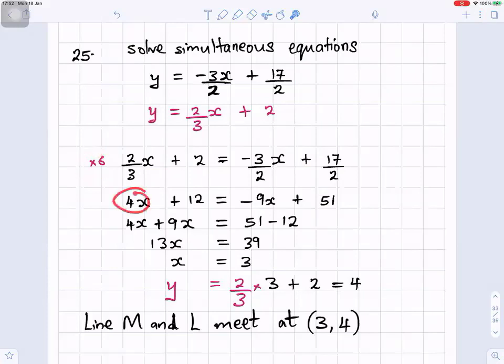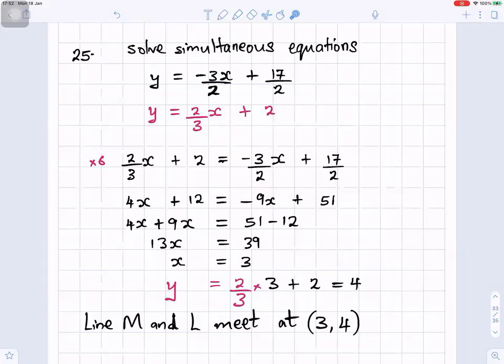So that will give us 4x. 6 times 2 is 12, 12 divided by 3 is 4. 6 times 2 is 12. 6 times minus 3 is minus 18, divided by 2 is minus 9. And 6 times 17 divided by 2 will be 51.